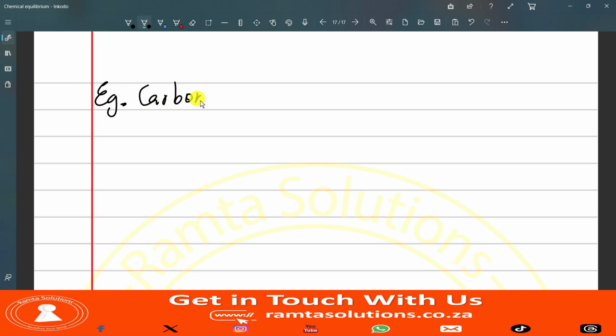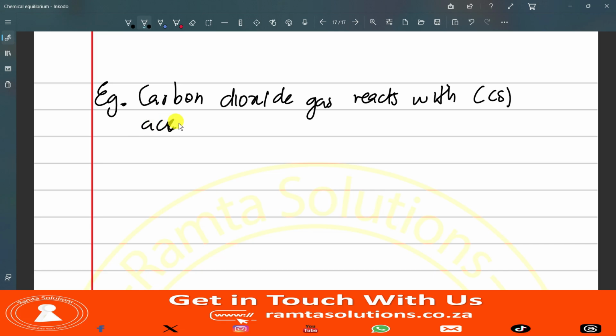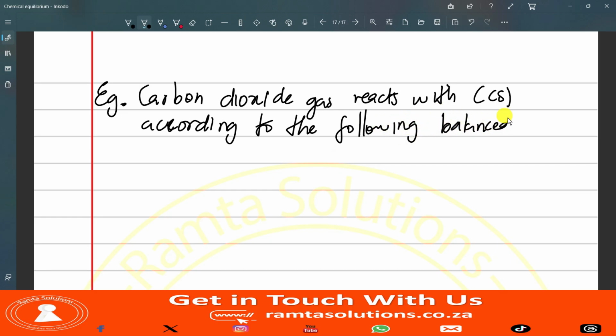This one says carbon dioxide gas reacts with solid carbon according to the following balanced equation.